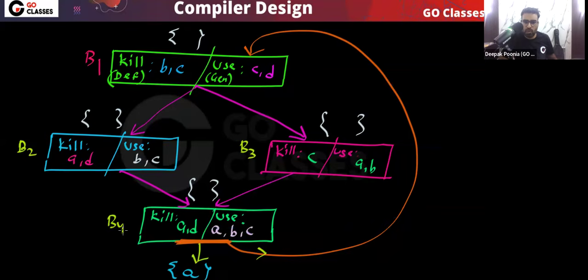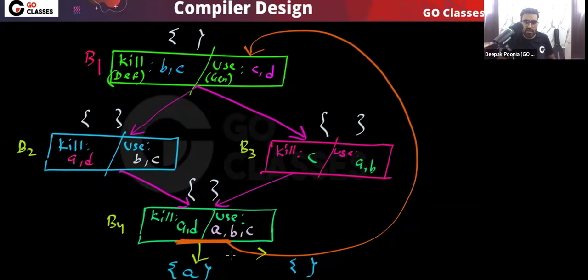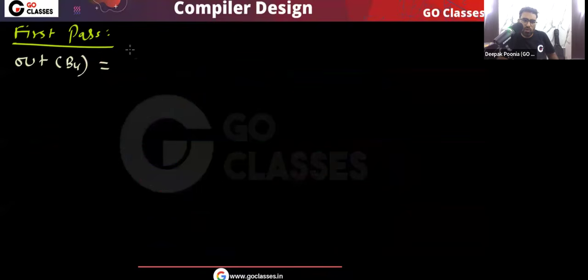Yes or no? From the B4 point of view, basically there are two outgoing edges. You can see on this edge, the set of variables that are alive is 5, and on this edge, the set of variables that are alive is A. So tell me, when a basic block has two successors, or multiple outgoing edges, how to find this out of B4?